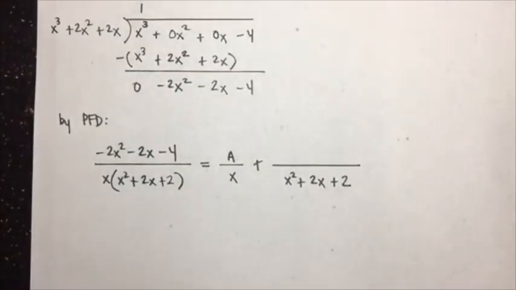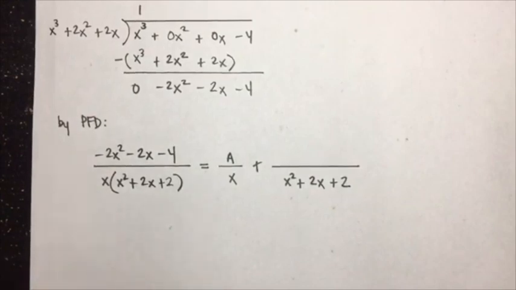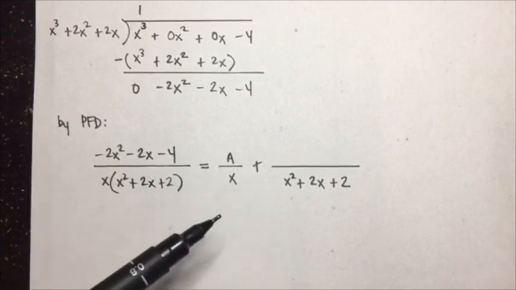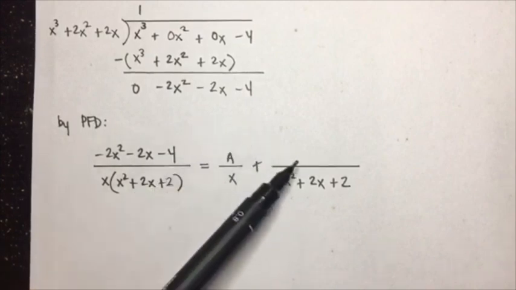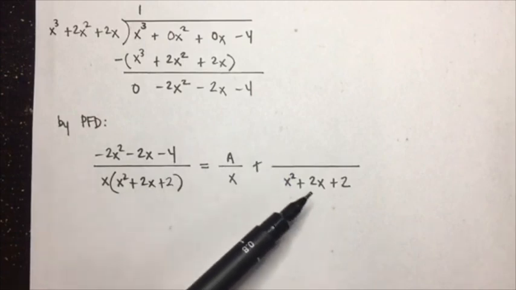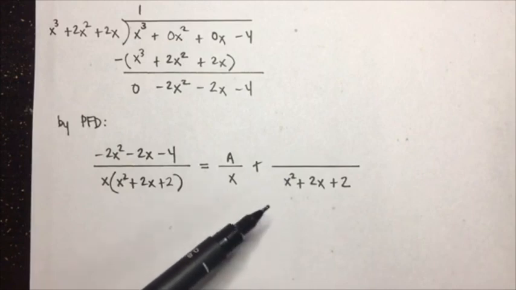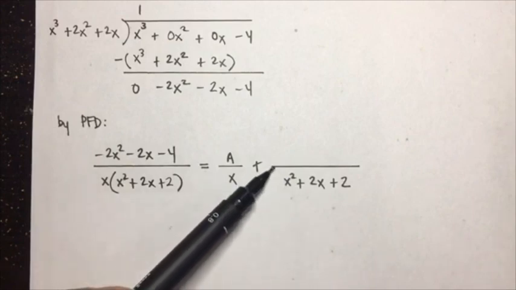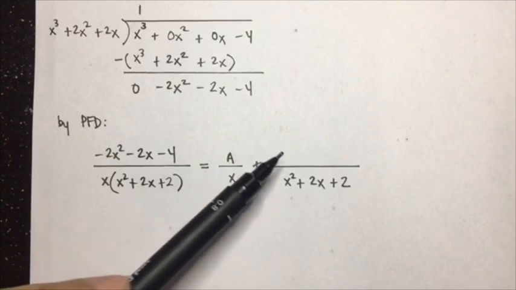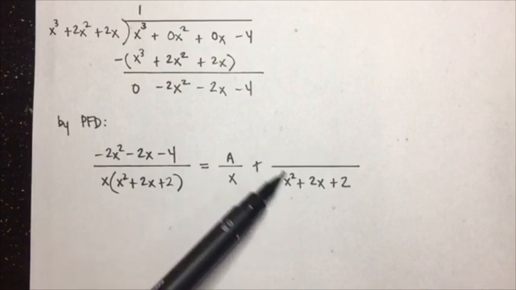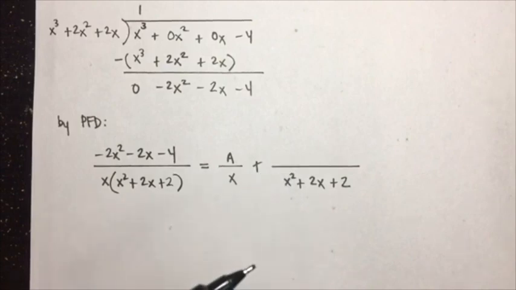Ordinarily, our numerator should be linear, so we can write it as Bx plus C. But since we are trying to integrate this, we will write the linear numerator in such a way that it will be easier for us to integrate later.